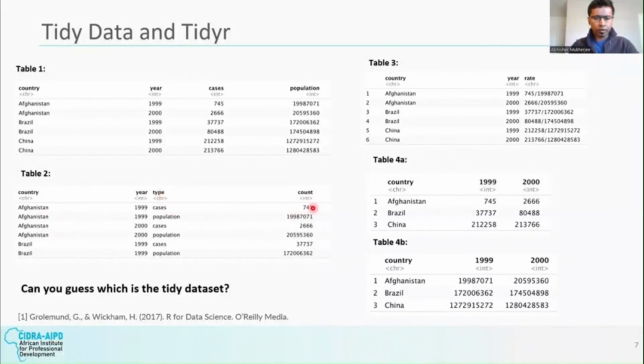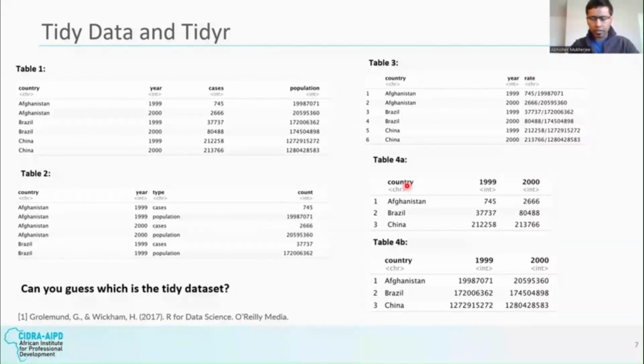So 745 corresponds to the number of cases. Similarly, if you look at the third row here, for country Afghanistan in the year 2000, the number of cases, because the type value for this row is cases, were 2,666.